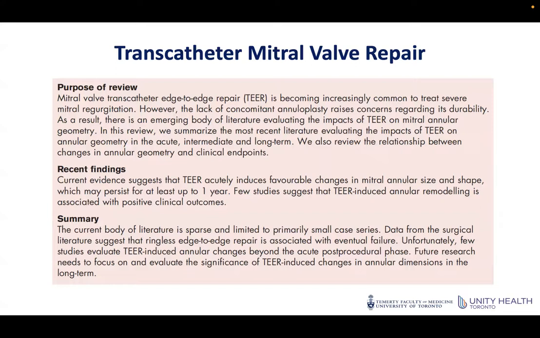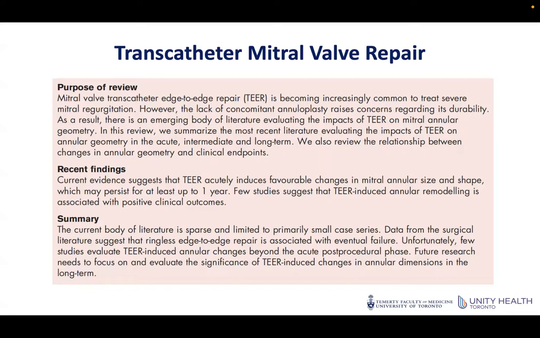So what we basically saw for the timing is that there are acute changes in the annular geometry after a successful transcatheter mitral valve repair. And the few papers that describe these potential changes were reporting such change maintained at around 1 year.